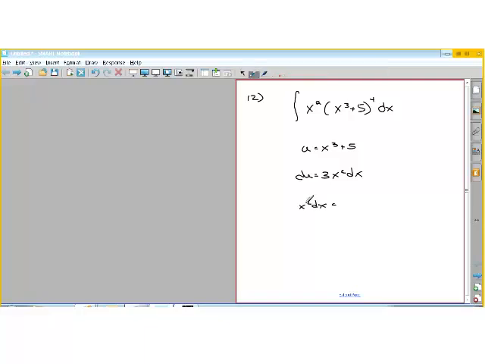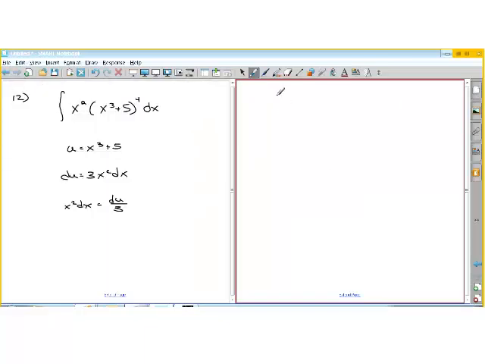So we're going to solve for x squared dx, and that's just going to be du divided by 3. Then we rewrite the original integral in terms of u. So x squared dx becomes du divided by 3, and in the numerator we have u to the 4th power.